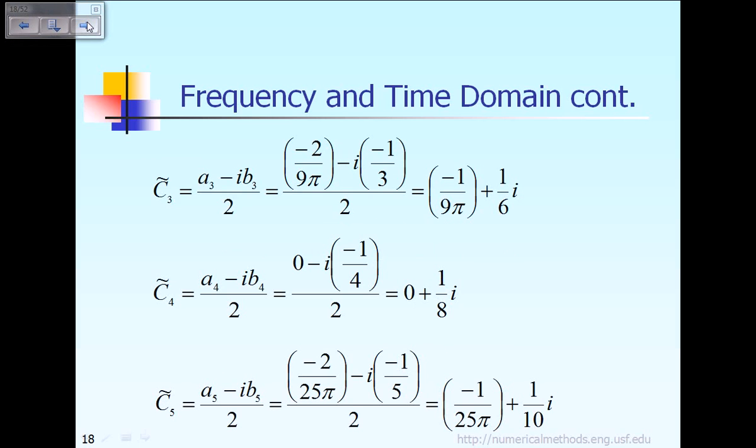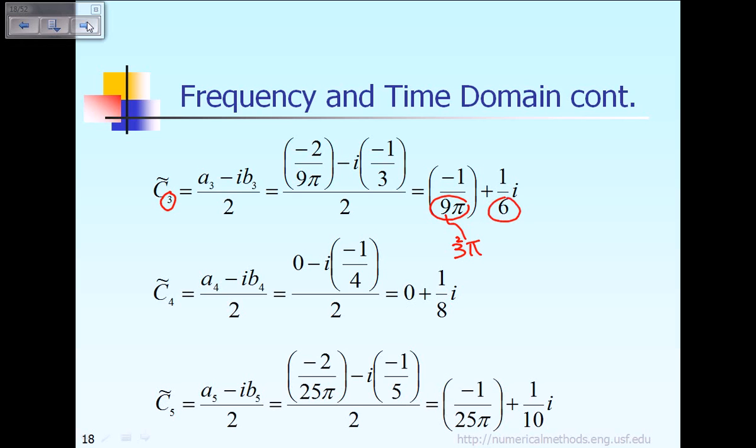Actually, you can see there's a pattern here. When the index, the subscript, is 3, which is an odd number, the denominator on the right hand side is always equal to this term, which is 3 squared times pi. And for the imaginary part, when this guy is equal to 3, the other is always double it, so equal to 6.